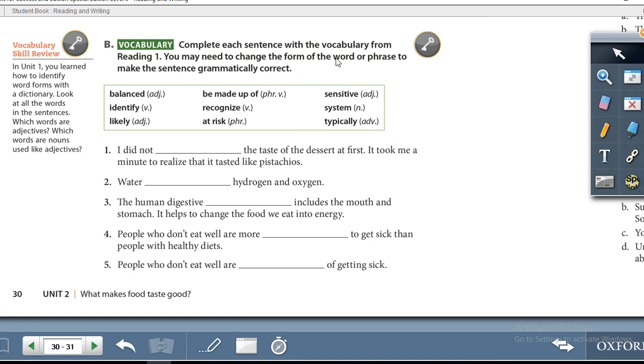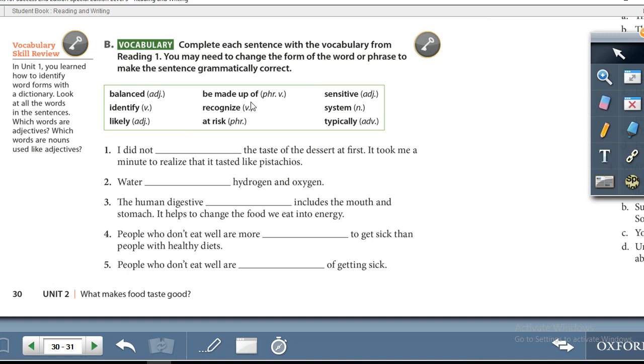Now once again, if you do not understand how to complete this exercise, I would suggest trying to read this instruction, and sometimes you need to read the instruction more than once, right? You may need to read the instruction maybe 3 times or 4 times just to understand how to properly do this exercise.